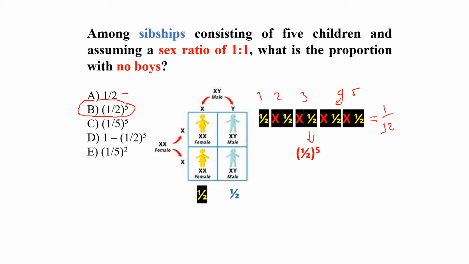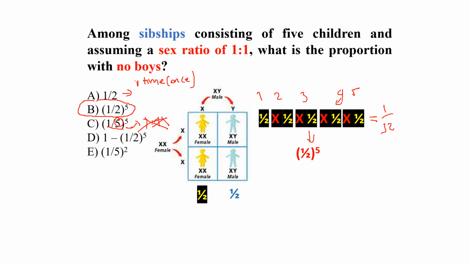Why not this one? This one would be if it was only one time. It was only once. This one is not true because this is not a 1-1 ratio. This 5, so this is wrong.